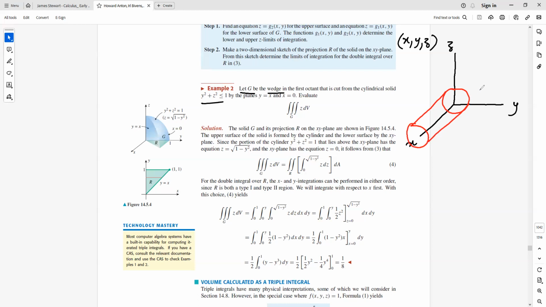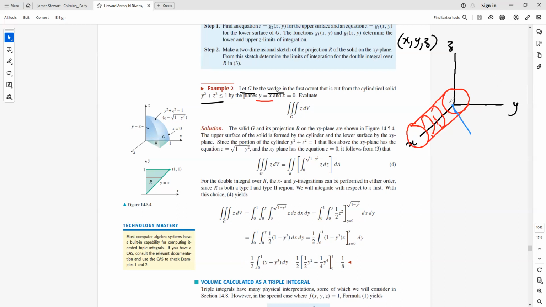So this is the cylinder, and we can just see that this is a cylinder stretched in x direction. And then we have the other surface, that is the plane y equals x. So y equals x looks like this line that is in the xy plane.